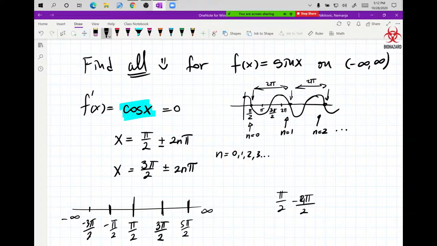I see the question on YouTube saying, are we supposed to be working on a second derivative? We will. Right now I am working the first derivative test for increase and decrease. I said find all. I didn't say find just concavity. All is increase, decrease, min, max, concave up, concave down. So you have all of the inflection points.